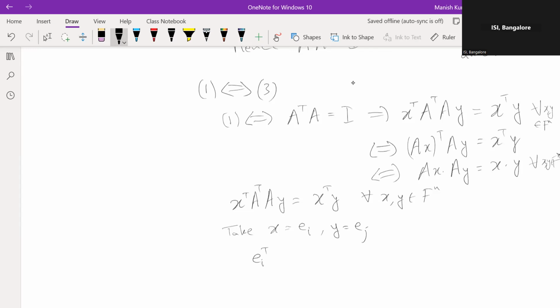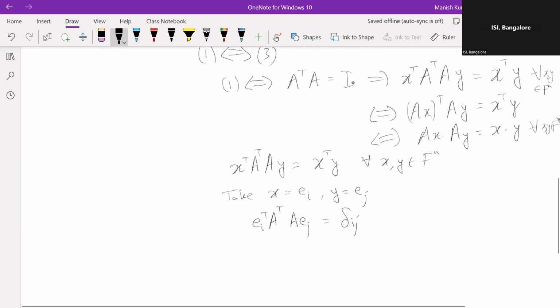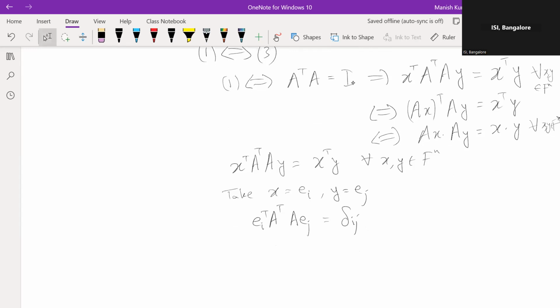Ei transpose A transpose A ej is delta ij, right? This is the same as saying AEi transpose AEj is delta ij. But what is AEi?